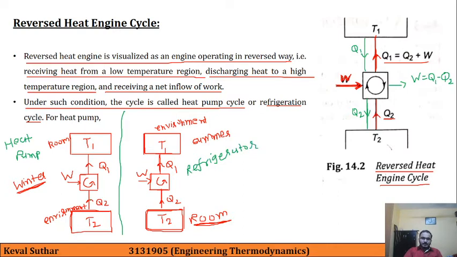So the desired effect is different in these two cases. Here the desired effect is Q1, and here the desired effect is Q2. So now we will see this mathematically. You can pause this video and draw this figure, because I will be erasing this now.